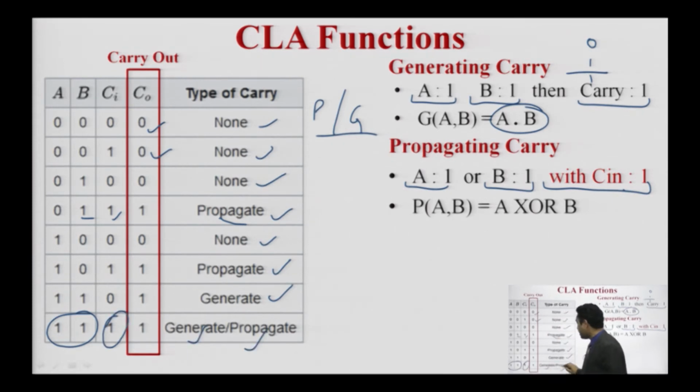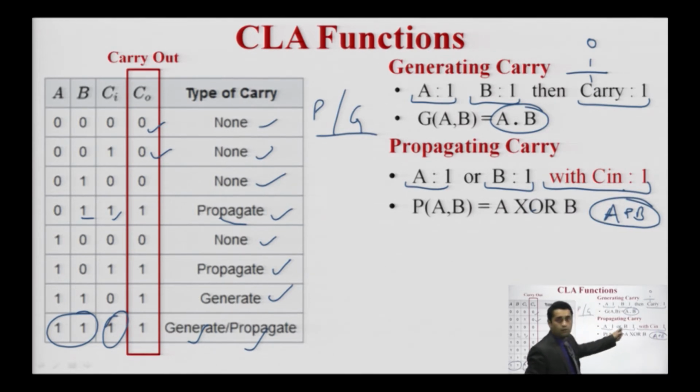So here generate as well as propagate, both are happening. In this case we are using the XOR. If we are not talking about the case of generate and propagate together, then in some books it is mentioned that we can also use the OR, as either one results in the propagation.